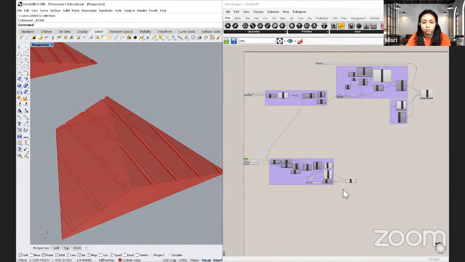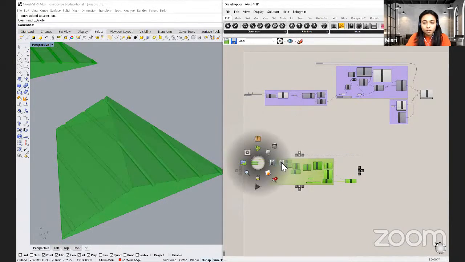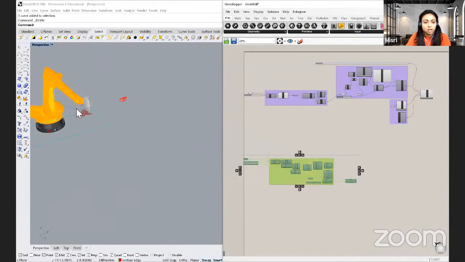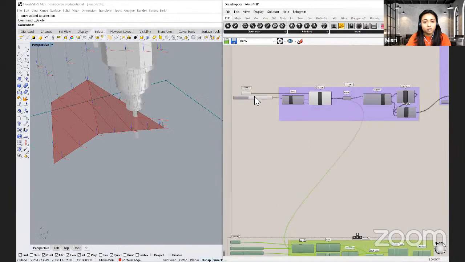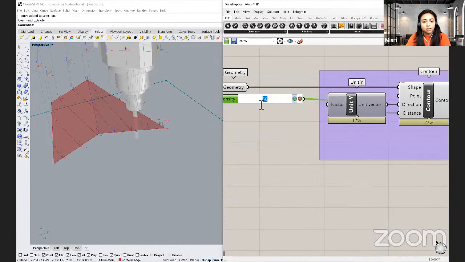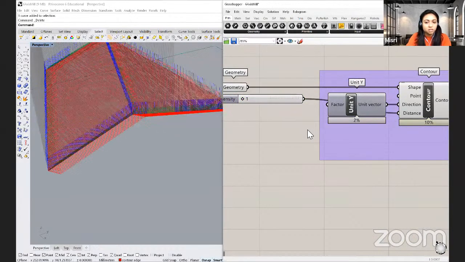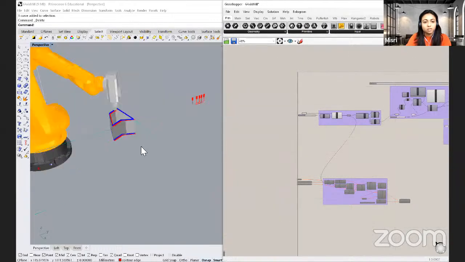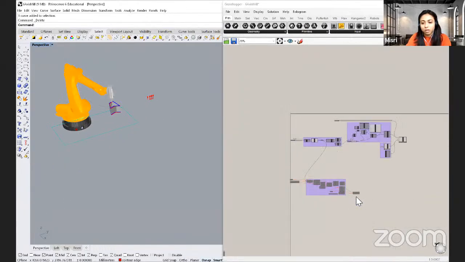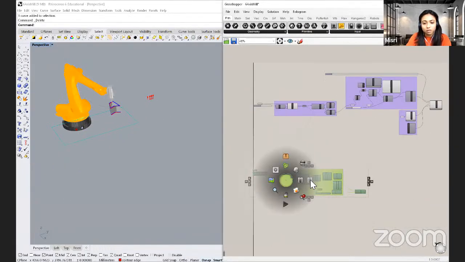So if we just disable this, and this time I'm decreasing all the toolpaths, you're going to see how closely spaced it is. And then we can see how the simulated version of it looks.